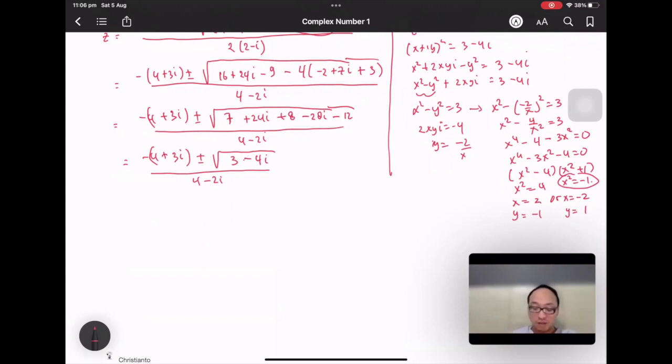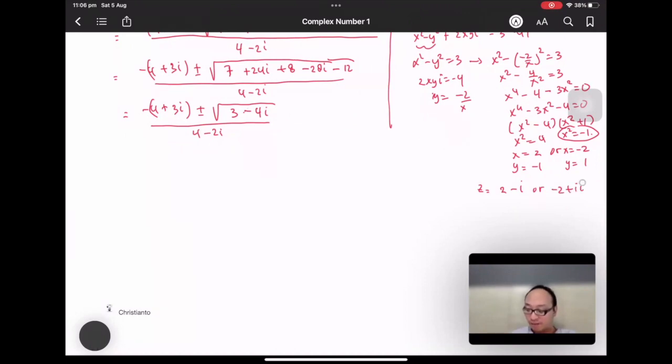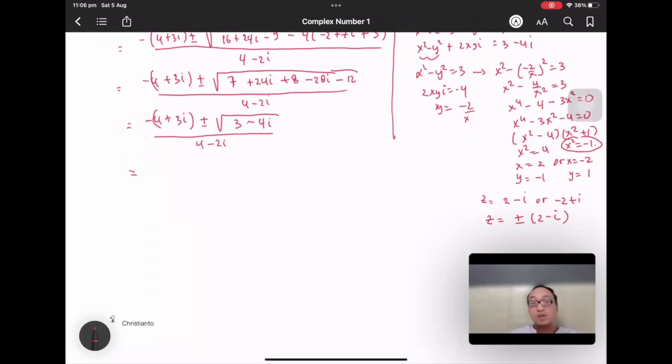So the answer is z equals 2 minus i or negative 2 plus i. Or I can say that z is plus minus (2 minus i). So the square root of 3 minus 4i is plus minus (2 minus i).